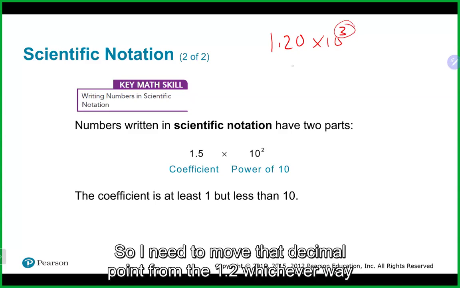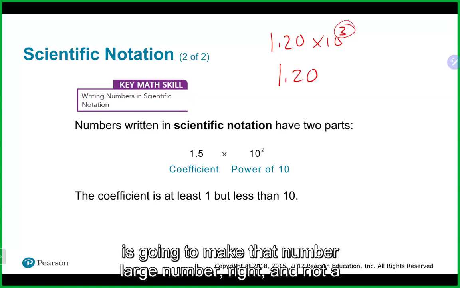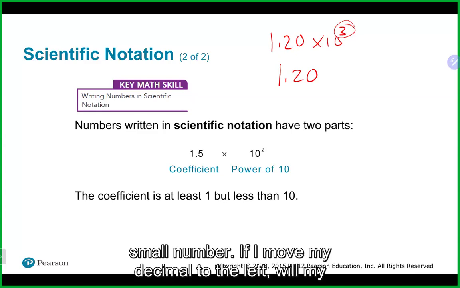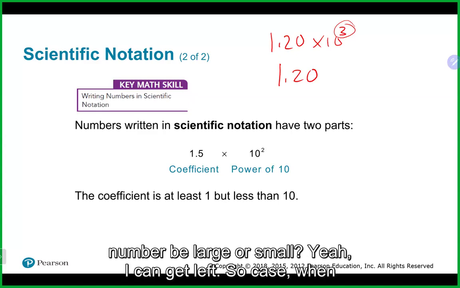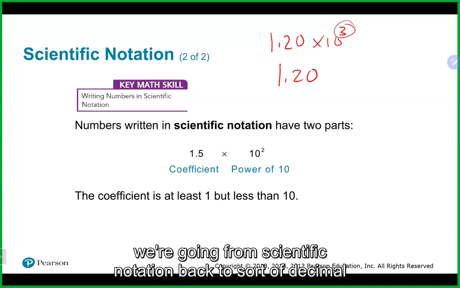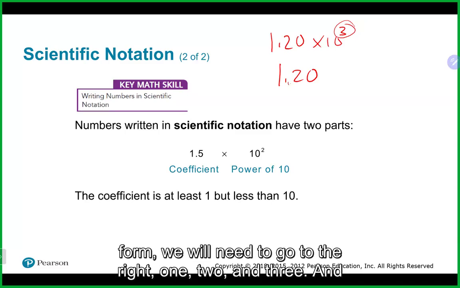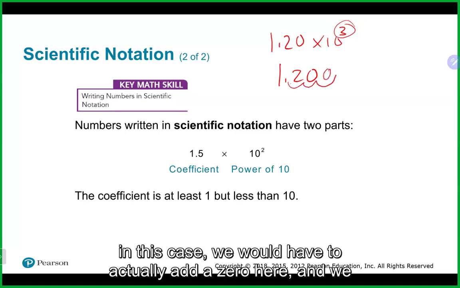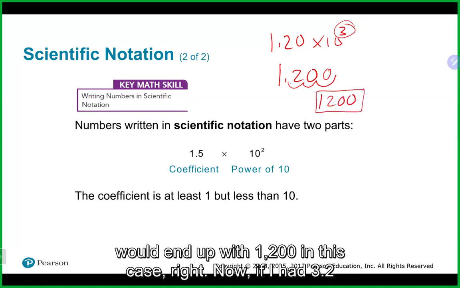So I need to move the decimal point from the 1.2 whichever way is going to make that a large number, and not a small number. If I move my decimal to the left, will my number be large or small? Yeah, it's going to be small, so we need to go to the right, 1, 2, and 3. In this case, we would have to actually add a 0 here, and we would end up with 1200.